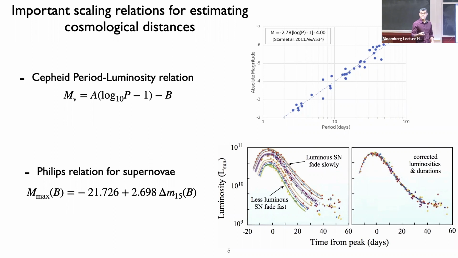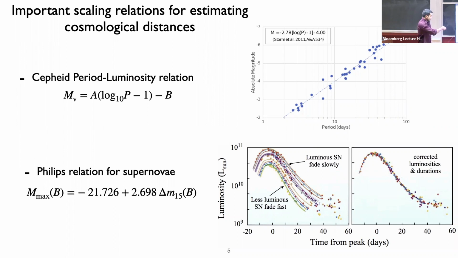There is this famous tension in the Hubble constant, which a lot of people must have heard of. That was derived using some of these scaling relations, by estimating distances to objects. Another one used in cosmology is the Phillips relation for supernovae. People have found that the maximum luminosity of a supernova is a function of the fall in the light curve within 15 days, which is what delta M15 represents here.